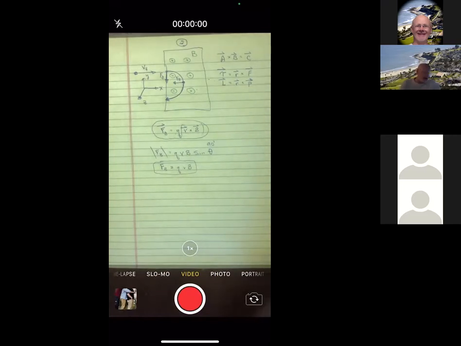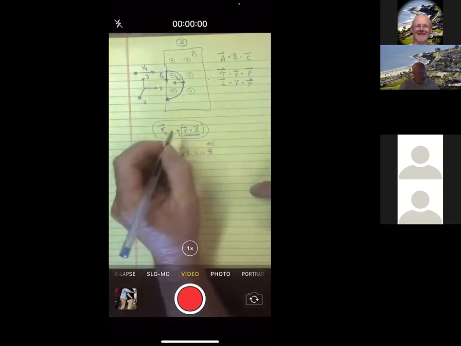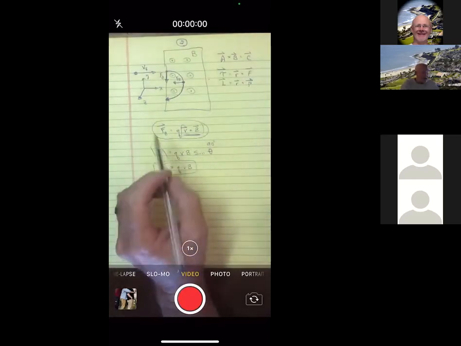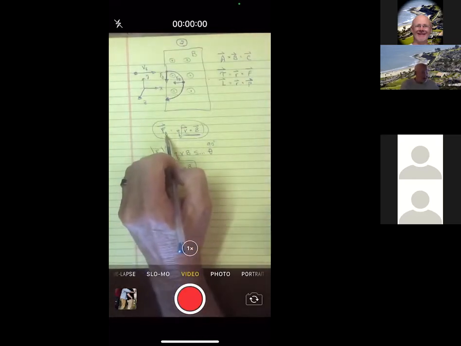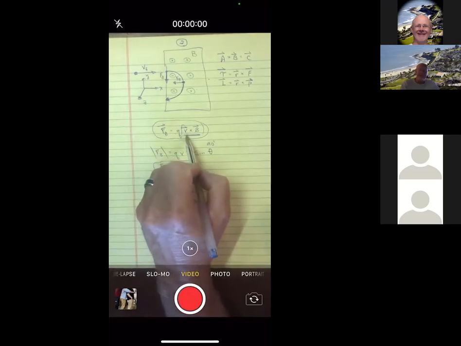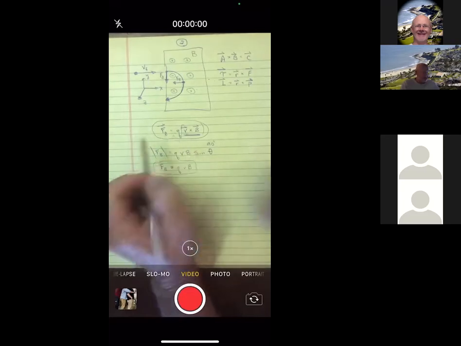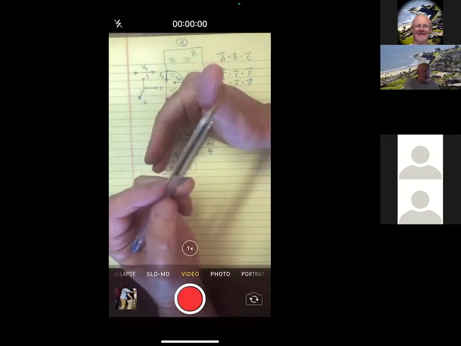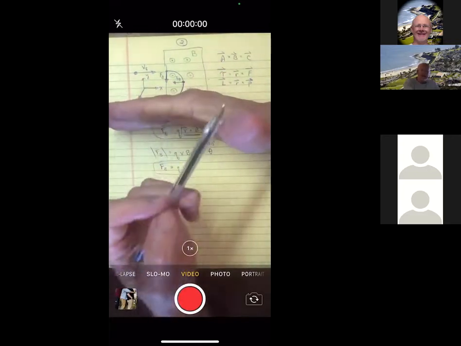I'm taking advantage of that because you see this cross product? This cross product is really saying, when I do this little hand thing, that the force will always be perpendicular to V. If you always put your fingers in the direction of V and close them towards B, this thumb is always going to be perpendicular.